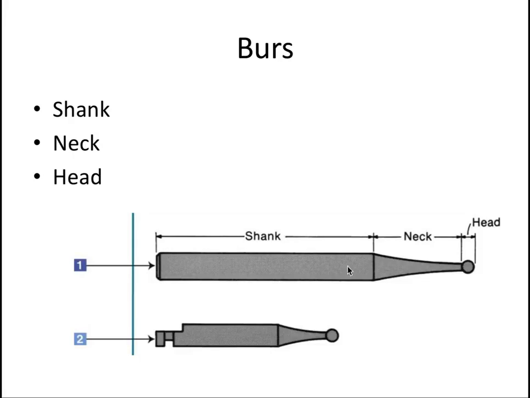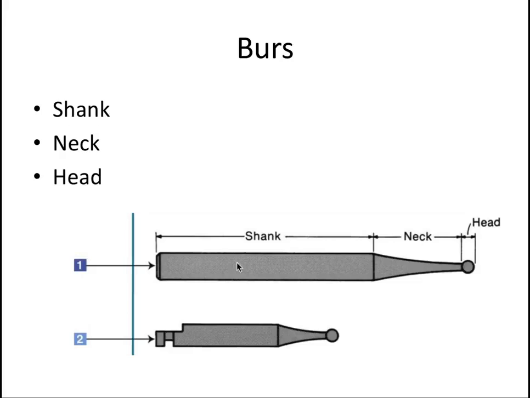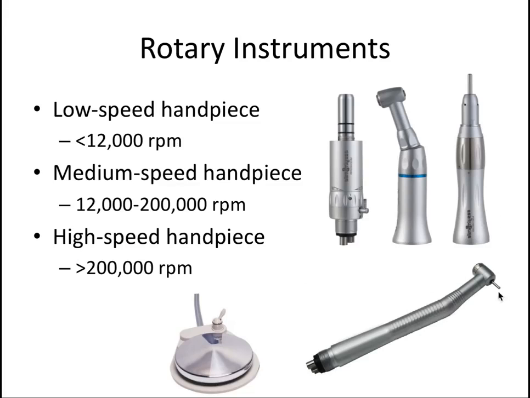So number 1 refers to a high-speed burr, and number 2 refers to a latch-type slow-speed burr that would fit into the contra-angle latch-type attachment I showed you here. And so this high-speed burr would fit into this handpiece here.